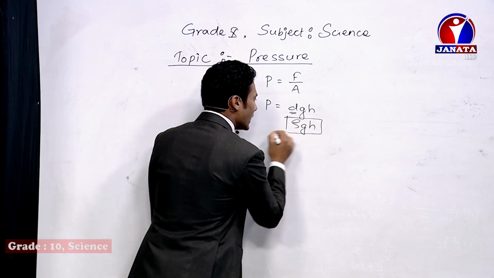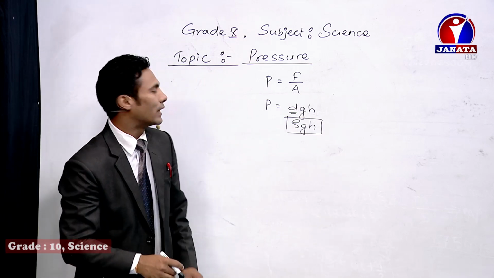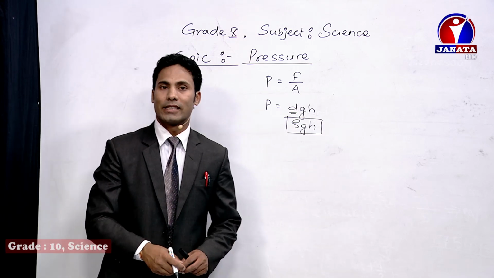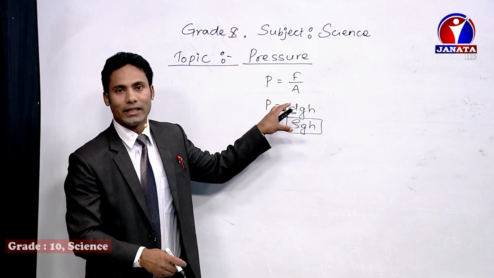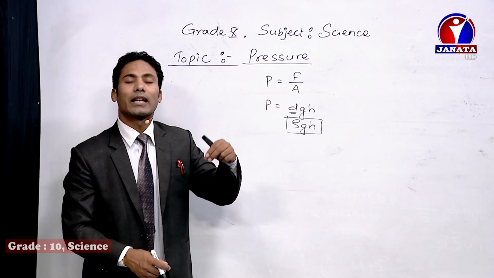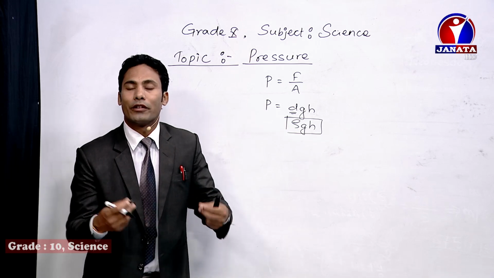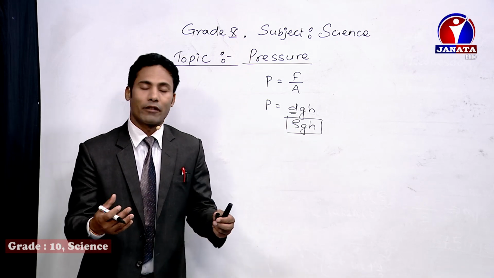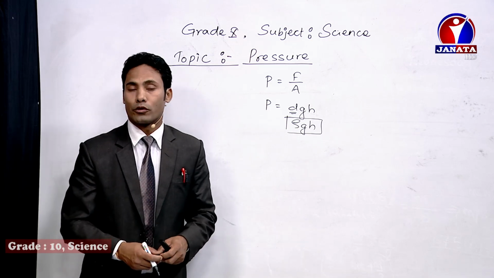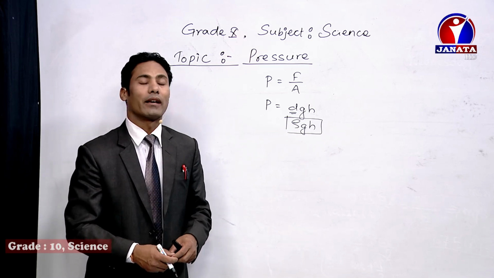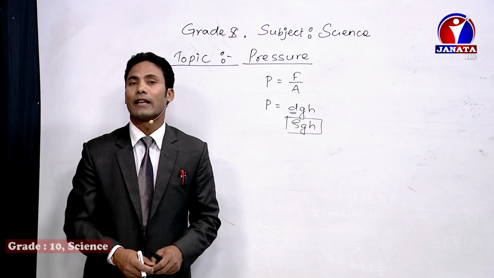So d g h or rho g h is the formula for calculating the liquid pressure. And why this formula is modified is that the liquid takes the area of the vessel. If the area of the vessel varies, then the area of the liquid also varies. That's why the modification of the formula is there.